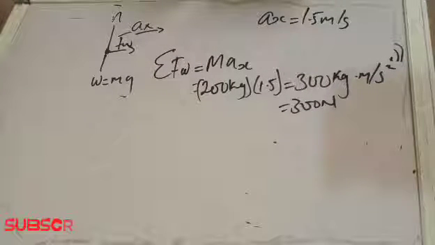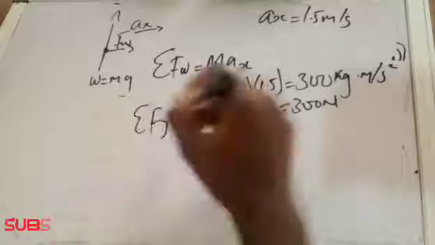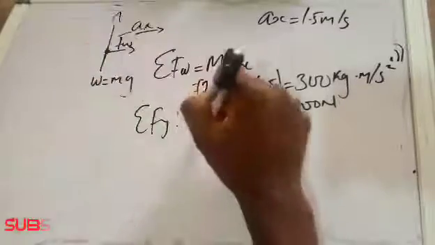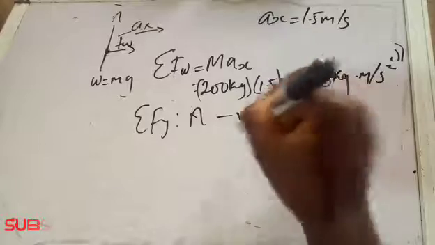Note that we do not need the sum of forces in the y direction at all to get our Fw. We would need this equation if we wanted to find the normal force, but we can get it anyway. Sum of forces in the y direction is equal to n minus mg, which equals 0, because they must balance.